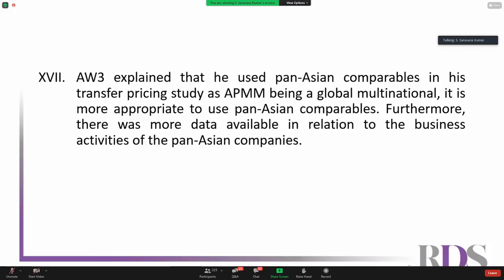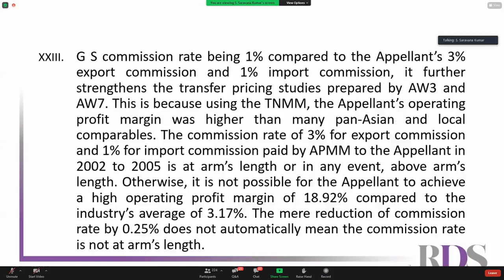Of course, those familiar with the tax regime will know the Malaysian IRB only wants local comparables. But here the client explained why he used pan-Asian comparables. The court also found that the payment of 1% is at arm's length, because you look at the TP report prepared by AW3 and AW7.